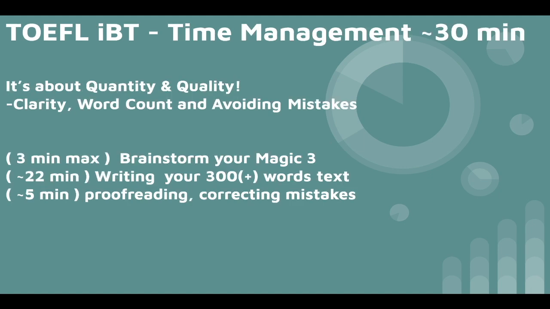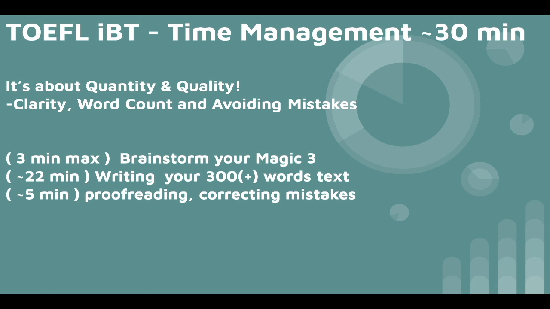Okay, next, time management. You only have 30 minutes. Again, in life, when you have a job in the future or for your work as a student now, it's always about two things, quantity and quality. Me as a teacher, I judge my students mostly on quantity of work and quality of work.